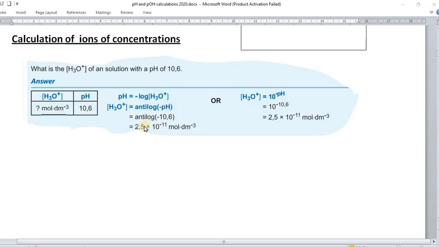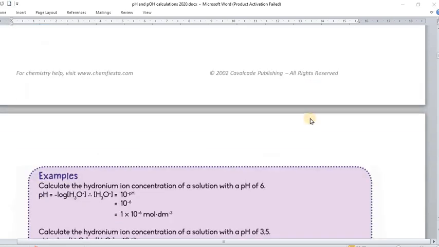And then you substitute, you are getting your answer. But I prefer this one, I make it much simpler with this formula: that your hydronium ion is 10 to the power negative of the pH. Then you substitute your value into it, you are getting your answer. So simple. 3 marks there.